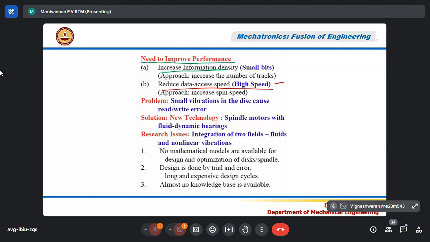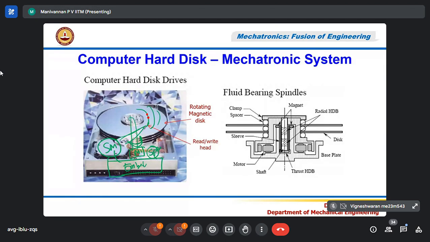But the problem is that the cantilever is floating above the rotating disk with a very small gap, a few micrometers. The disk is rotating. There should not be vibration. If any vibration is there, the read-write head will touch and scratch the surface. That is not allowed. So this cantilever should be vibration free. You have to make sure the cantilever moves on top without touching the hard disk. So you need to control the cantilever vibration.